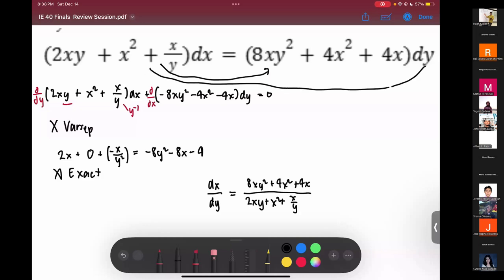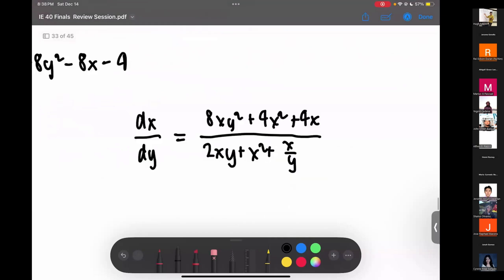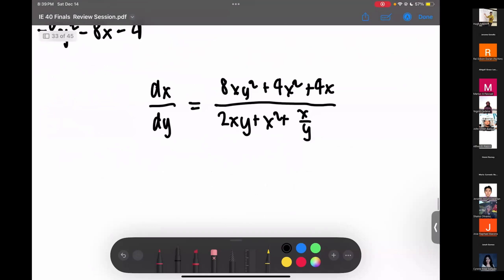And then I brought this down, and then I brought this down dito. So this napunta siya sa denominator. This napunta sa denominator. So, I hope that made sense. Basically, yun ang ginawa ko. So, nothing overly complicated.